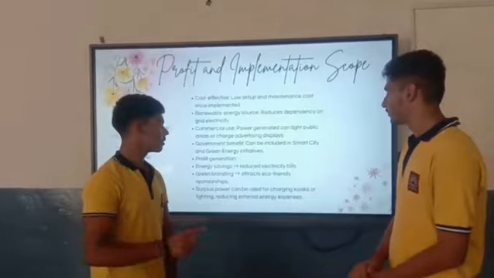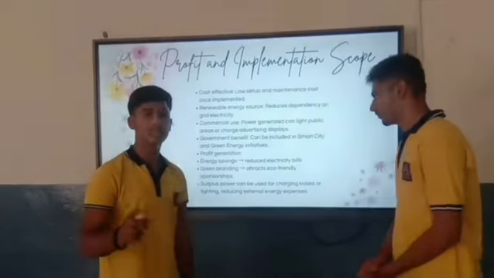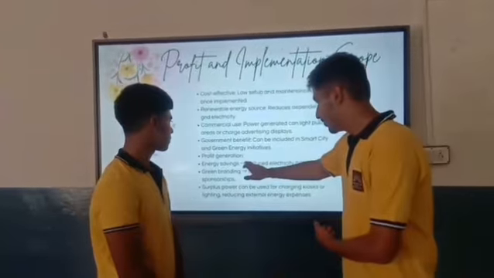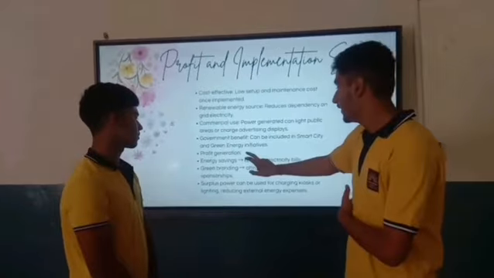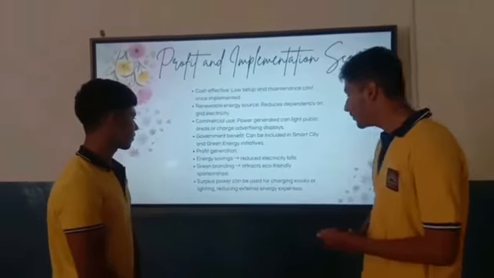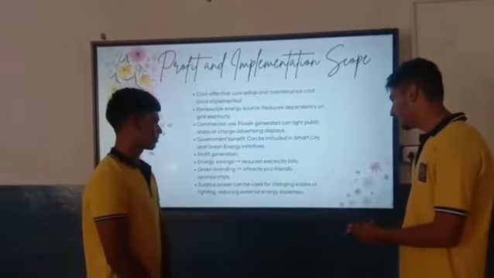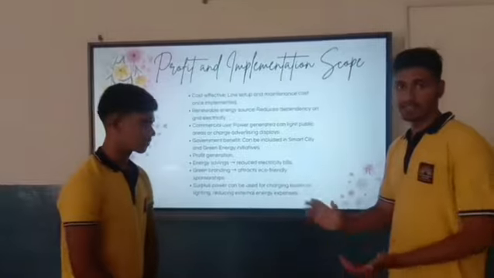Government benefit: it can be included in smart city and green energy initiatives. Profit generation: energy saving through reduced electricity bills, green branding that attracts eco-friendly sponsorship, and surplus power can be used for charging and lighting, reducing external energy expenses.